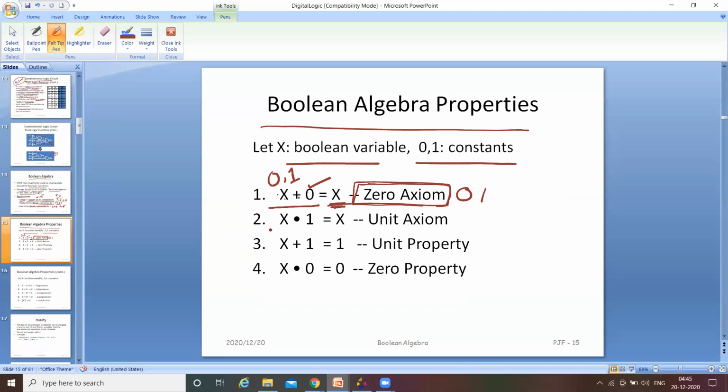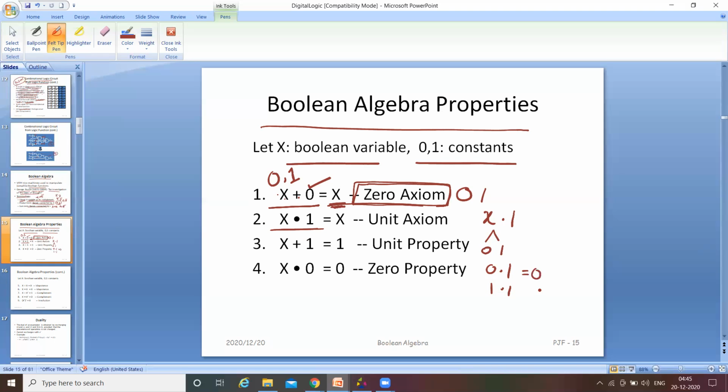And the next, second one, is x dot 1. See here, 1 is fixed. So this x is a binary variable. It may be 0 or 1. If it is 0, 0 dot 1. If it is 1, 1 dot 1. 0 dot 1 is, sorry, 0.